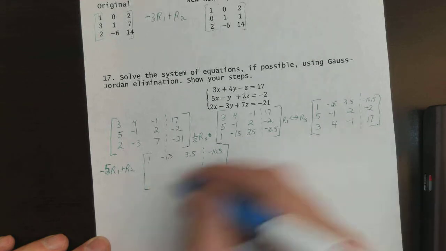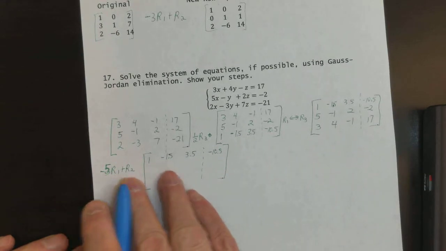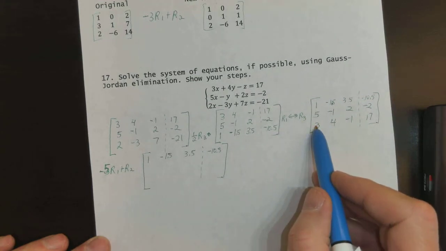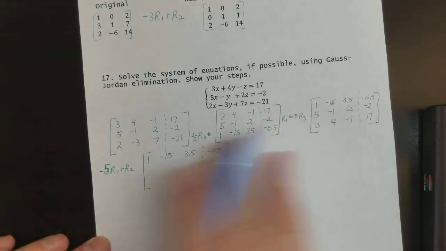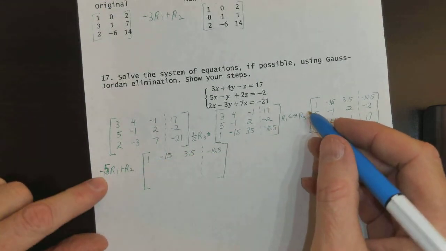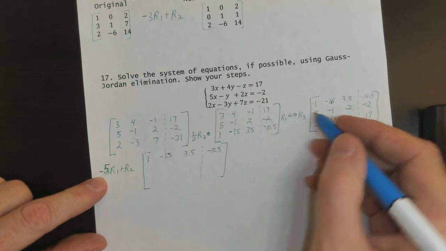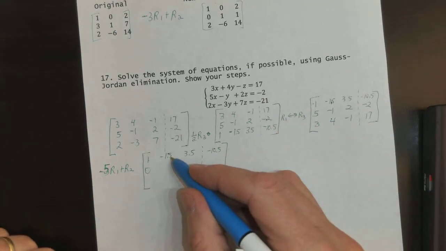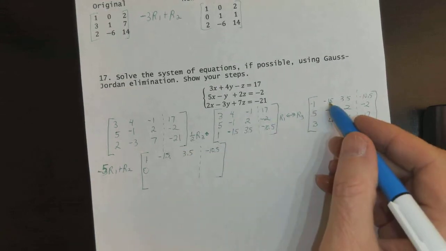And I'm just going to do one thing at a time on this. I was tempted to go negative 3 times row 1 plus row 3 and just do that as well, but I'm just going to do one thing at a time. Let's just see how it shapes up. All right, negative 5 plus 5 is 0. Negative 5 times negative 1.5 is 7.5.